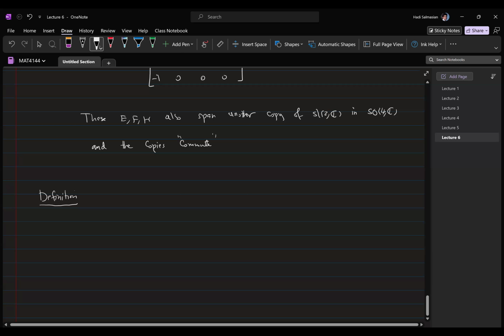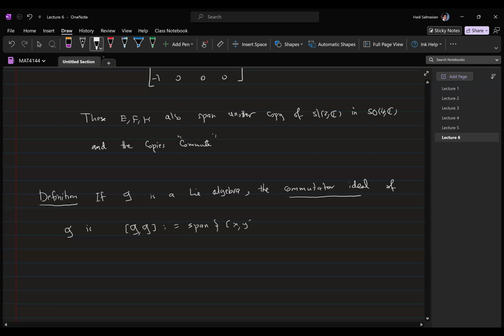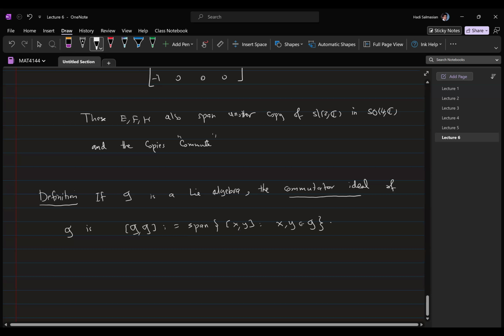So first we have to define the derived series. In the Lie algebra case, if G is a Lie algebra, the commutator subalgebra or commutator ideal, it happens to be an ideal, is [G,G], which is defined to be the span over the base field of all brackets of the form [x,y] with x and y in G. So you take all commutators, and they might not form a subalgebra themselves, but you take their linear combinations and it will form a subalgebra.